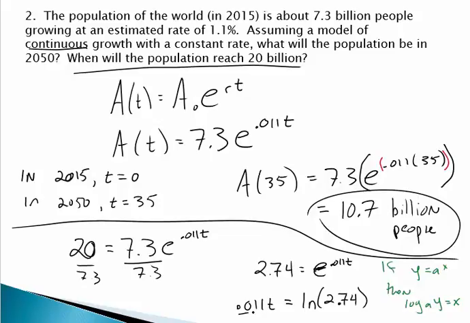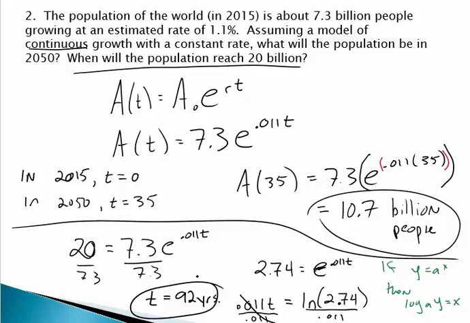So to solve this equation, I just have to divide both sides by 0.011, and that gets me t. So t is the natural log of 2.74 divided by 0.011, which if you plug that into your calculator, should give you a value of 91.6. Okay, so t is about 92 years. Okay, but now be careful because we want to answer the question.